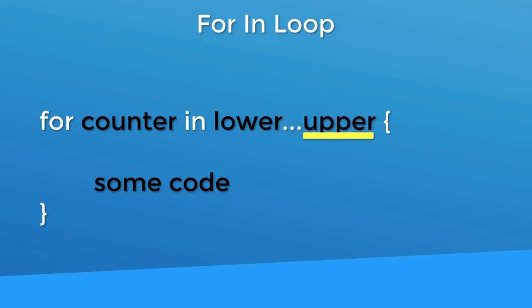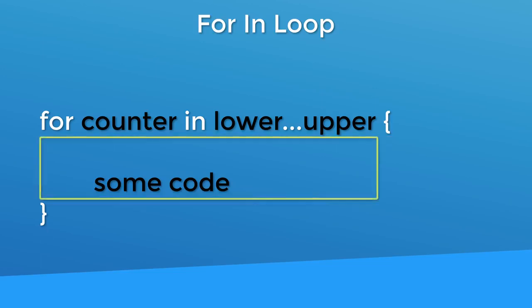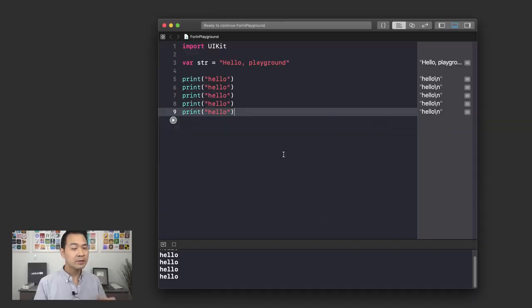And I just want to mention that it's an inclusive range. So if your range is 1 to 5, it's going to loop from 1 to 5, and that would be a total of 5 times. And then you follow that by a set of braces. Inside the braces is where you put your code, and that code is going to be looped for whatever range that you've specified.